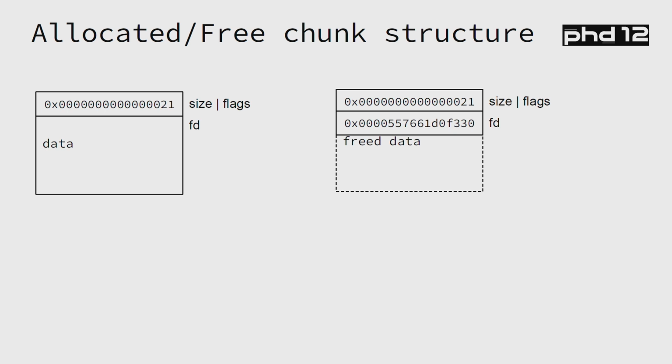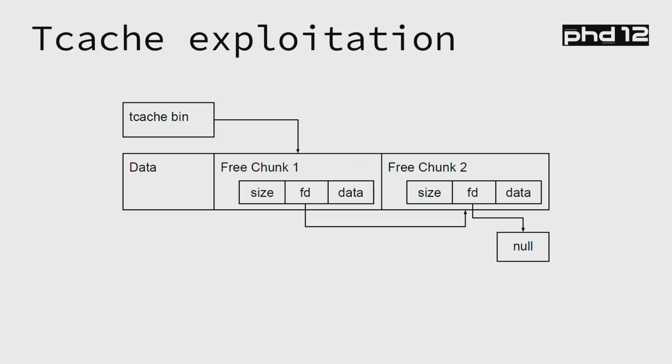If the chunk is allocated, if it contains some data, well, this data will be right after the size field. If it has been freed up, then at the very beginning of the data field, we'll have a pointer to the next chunk, if this chunk belongs to the fastbin, or to the previous and the next chunks if it belongs in the unsorted bin.